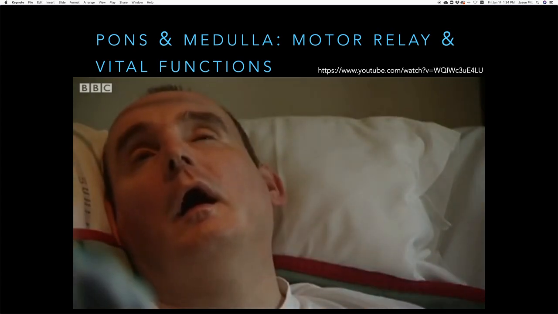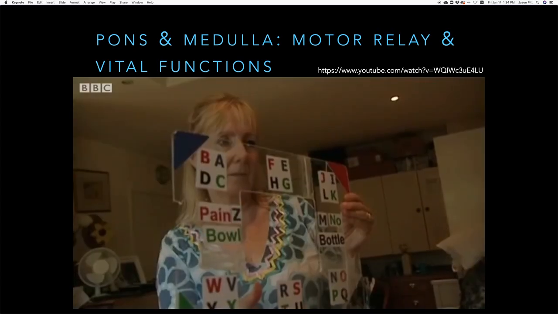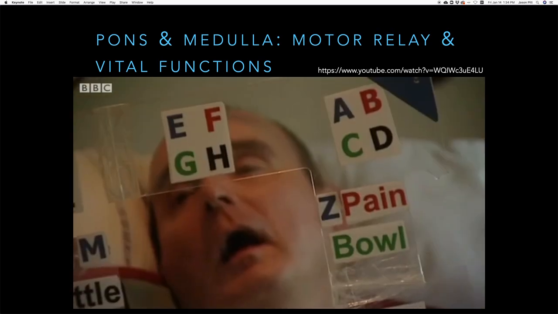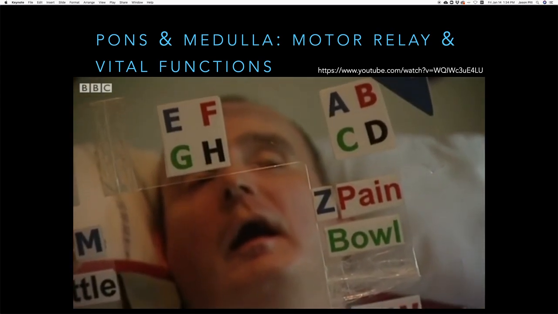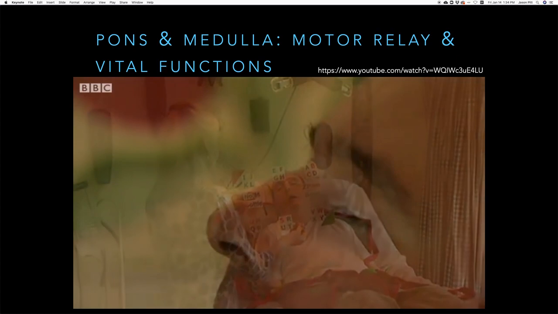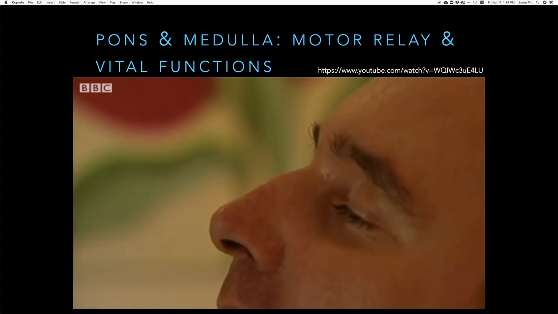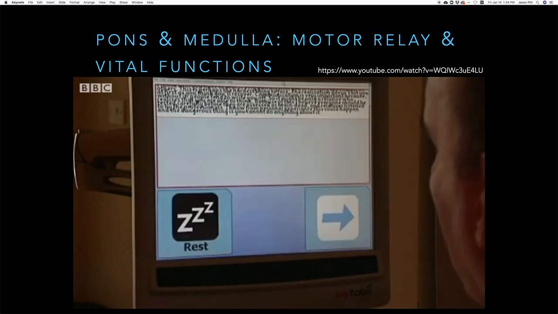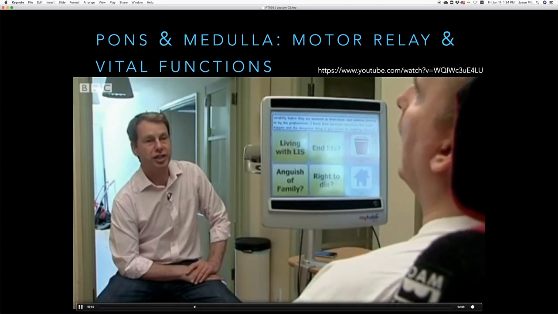Mike has locked-in syndrome, but is able to communicate using his eyes. Black, tail, black. He looks at letters on a board, and Wendy has become expert at interpreting her husband's thoughts. Given a little more time, Mike can also use a computerized voice system. Can you explain what living with locked-in syndrome?